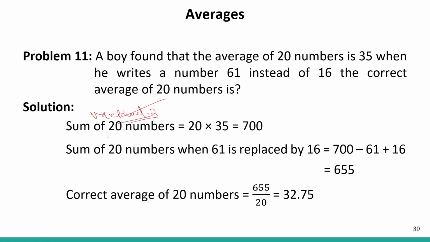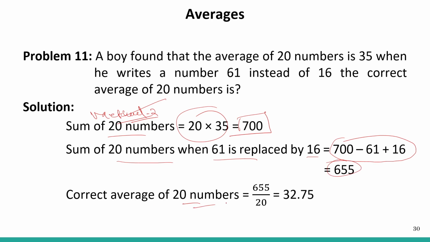The sum of the 20 numbers is 20 into 35, which is 700. The sum of the 20 numbers when 61 is replaced by 16 is 700 minus 61 plus 16, which is 655. So the correct average of 20 numbers is 655 by 20, which is 32.75. So this will be the correct answer.